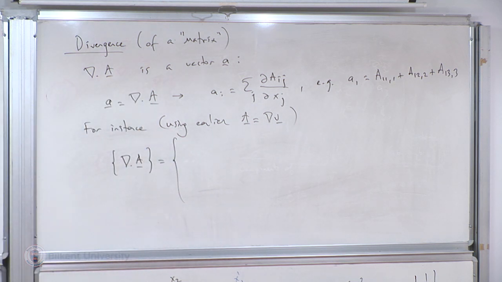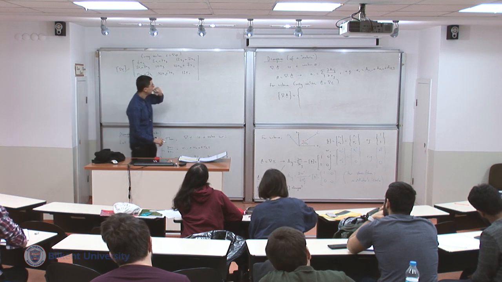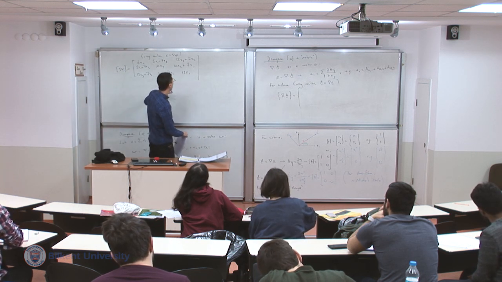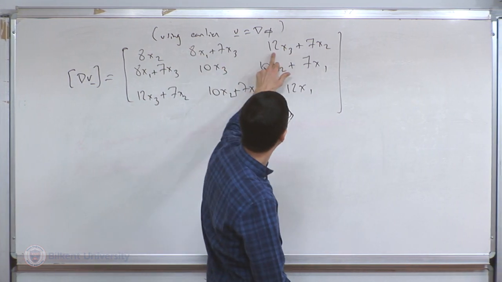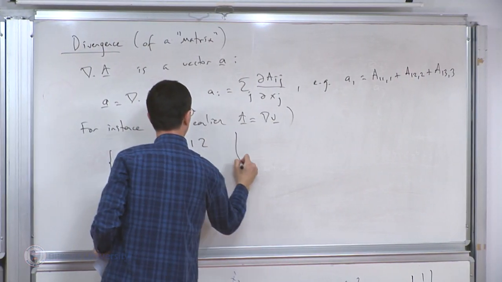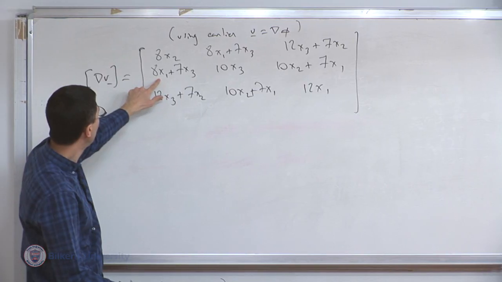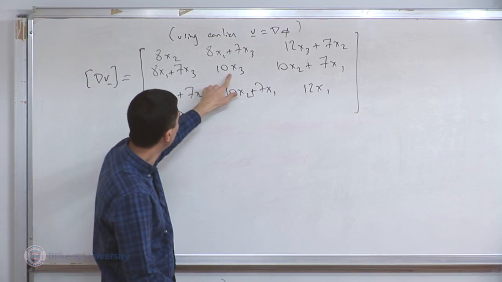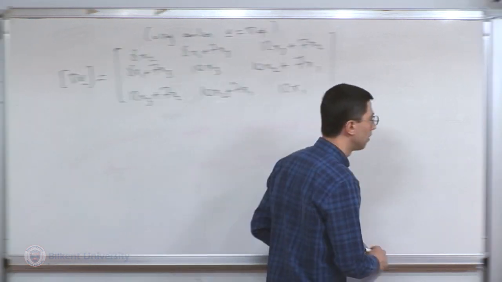For the first one, A11,1 is 0 plus A12,2 is 0, A13,3 is 12. For the second one, A21,1 is 8, A22,2 is 0, A23,3 is 0, so it's only 8.